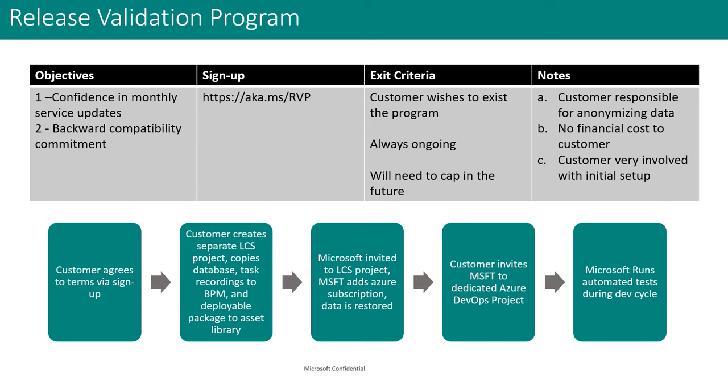We're working on some tools, but we don't have them there yet. We ask you to anonymize your data. We ask you to give us a copy of your customizations or your deployable package. And then we also ask for you to provide us with an Azure DevOps project that includes your regression suite automation test, so it includes all of your automated regressions.